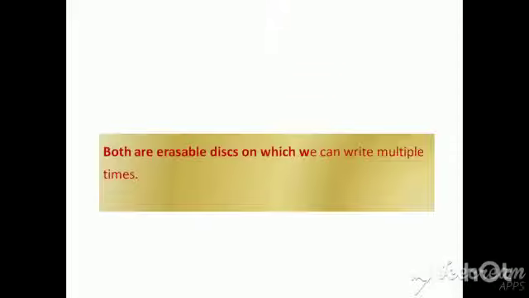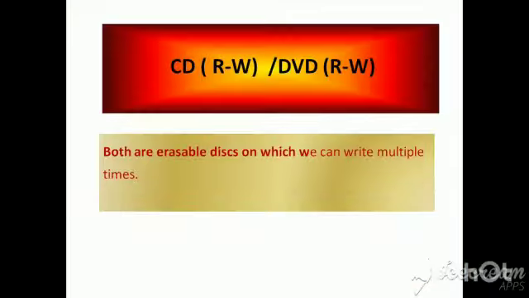Next one is CD rewritable and DVD rewritable. You all have seen that on some CDs there are CD-R and on some CDs there are CD-RW. Then what's the difference between both of them?